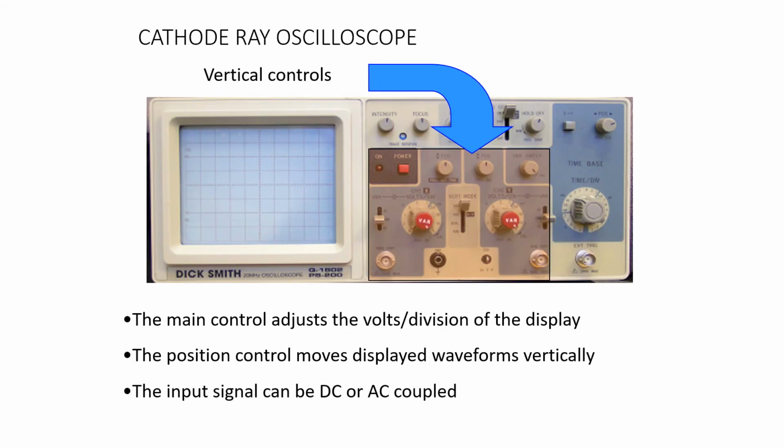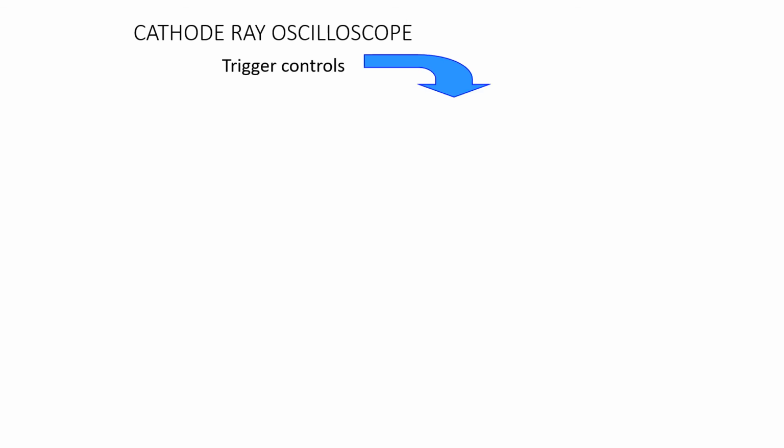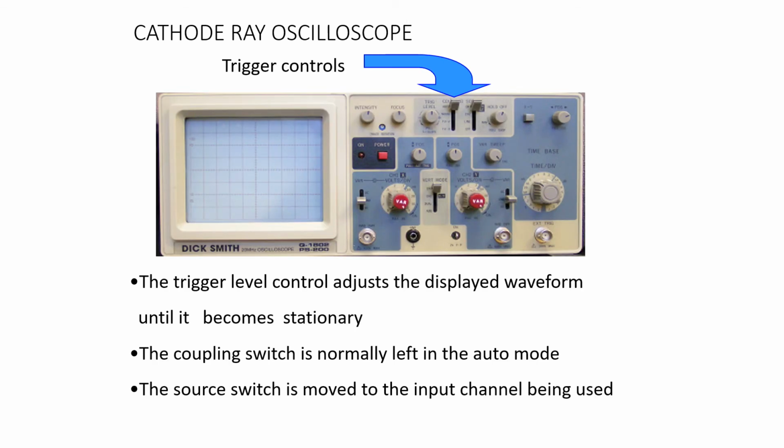These are the vertical controls. The main control adjusts the volts per division of the display. The position control moves displayed waveforms vertically. The input signal can be DC or AC coupled, so you have the control AC, DC and ground.